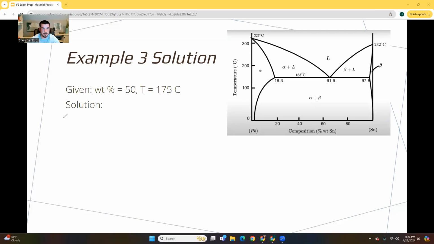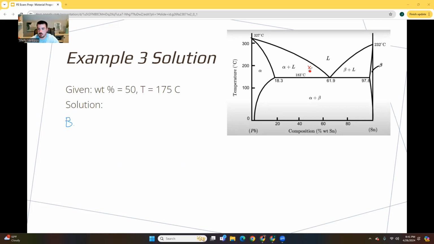We will solve part B. We put our x value up here. Okay, that's our x. Now what we need to find is our x value for alpha and our x value for liquid.